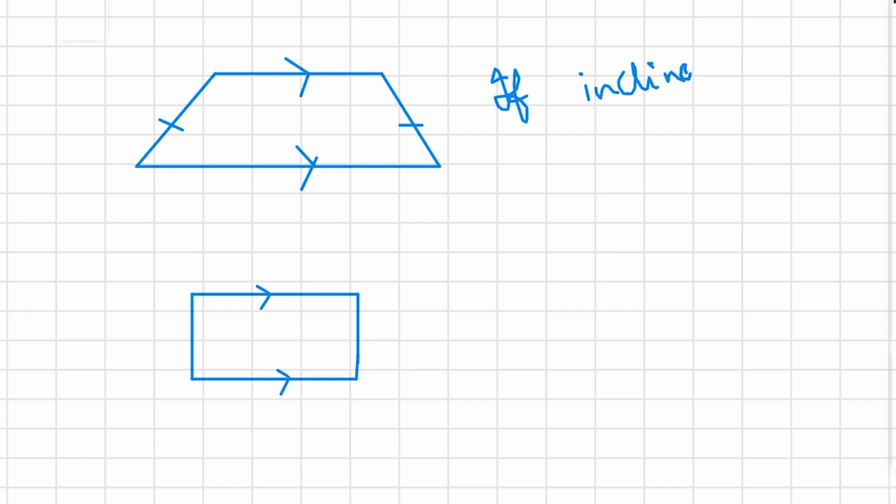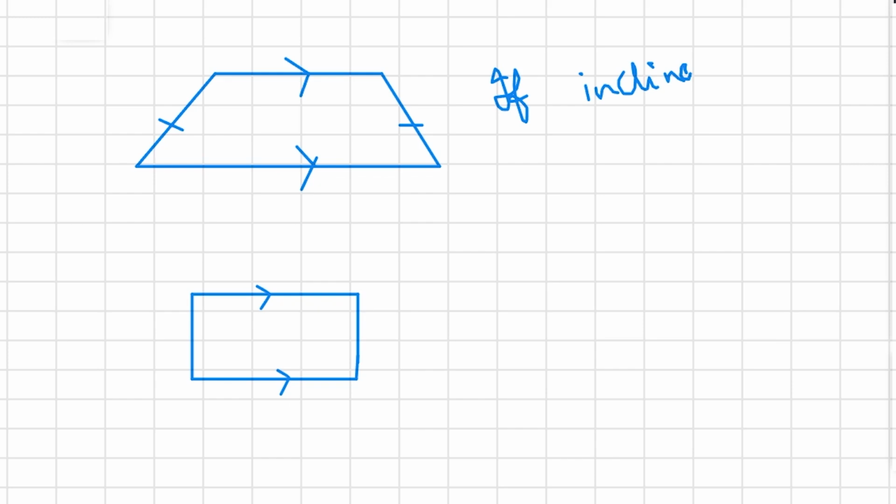For a square also the angles are 90 degrees. The difference is that in a square all sides are equal to each other, while in a rectangle only two pairs of sides are equal.